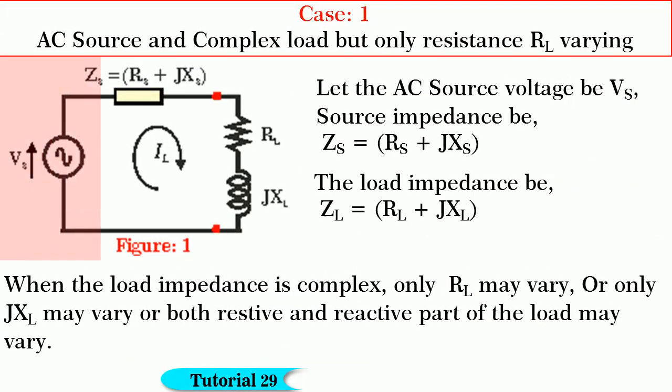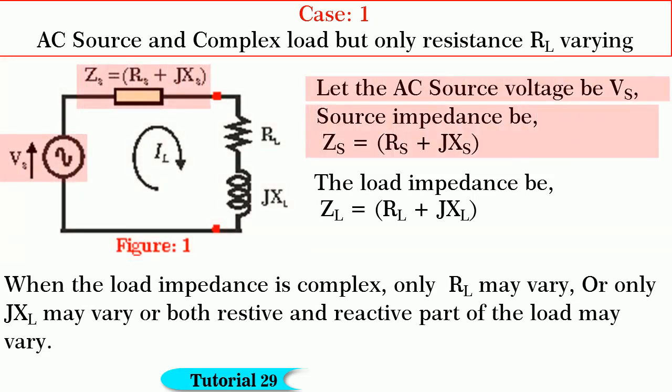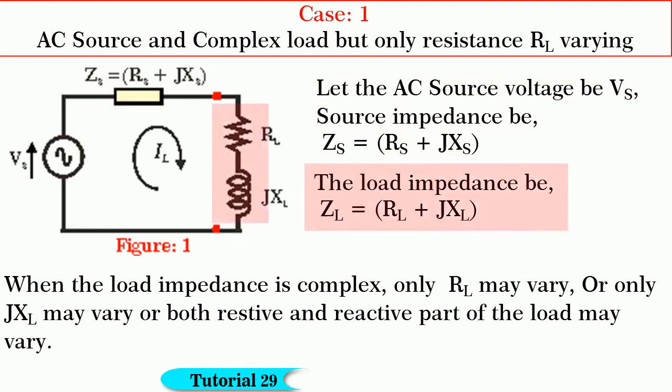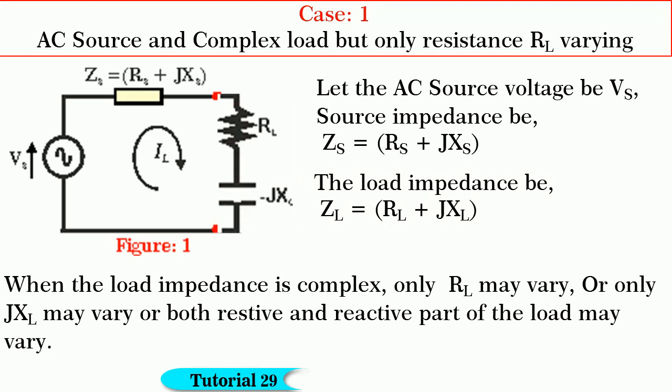Friends, consider the AC circuit shown in figure, wherein the AC source voltage is Vs and the source impedance Zs is equal to Rs plus jXs. Let the load impedance ZL is equal to RL plus jXL. It could also be RL minus jXC.